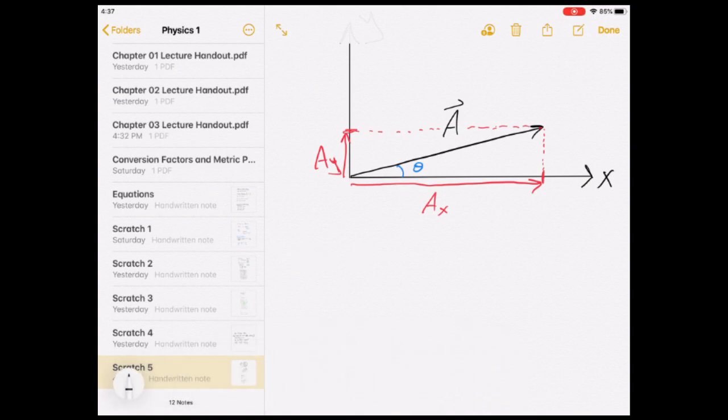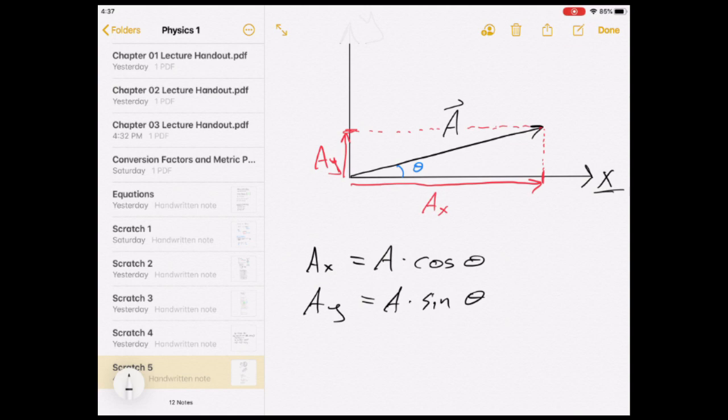So A sub x is A cosine theta, and A sub y is A times sine theta. Again, only true if theta is defined relative to an x-axis. If it's defined relative to a y-axis, it reverses sine and cosine. But if you just think through SOHCAHTOA every time, you're in the clear.